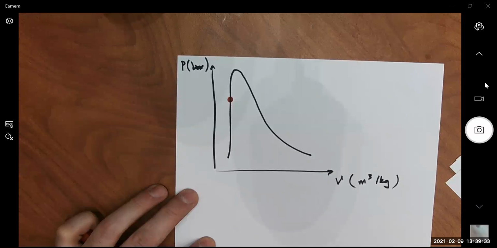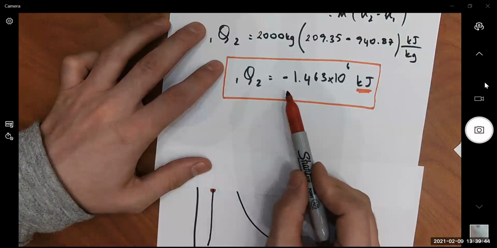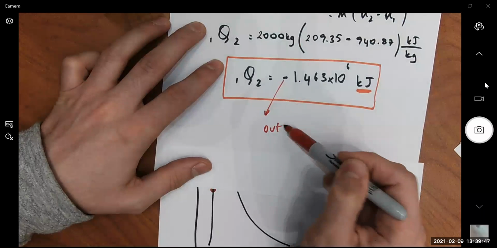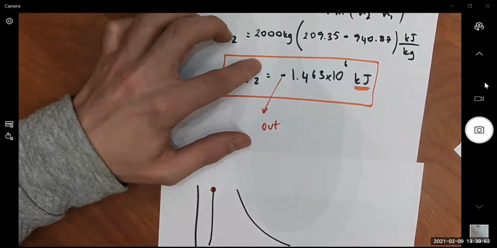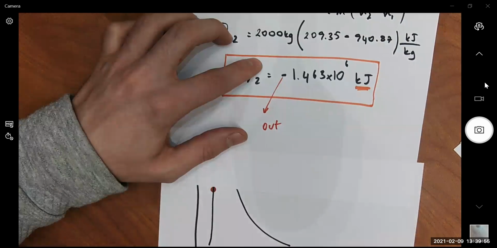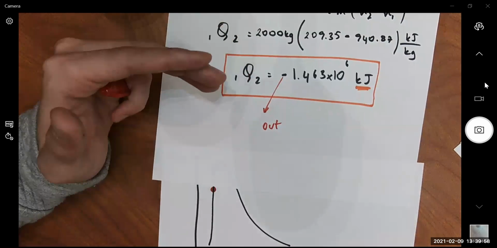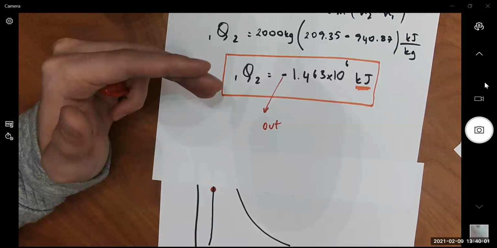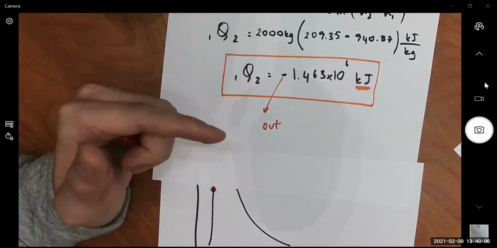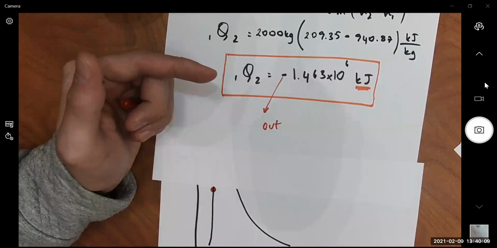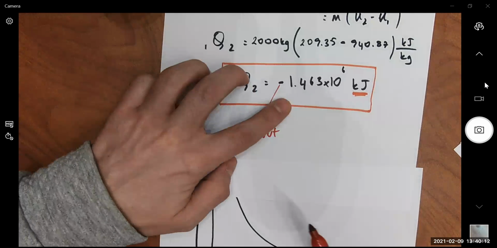Because it says state 1 is initially associated with liquid, and the system is cooled down. Notice my heat is negative. Negative means what? Out. So it's cooled down. If it is cooled down and your heat is positive, you did something wrong. Being accurate is key. Make sure you follow all the steps. If you miss one step, or approximate instead of linear interpolation, this will be off.